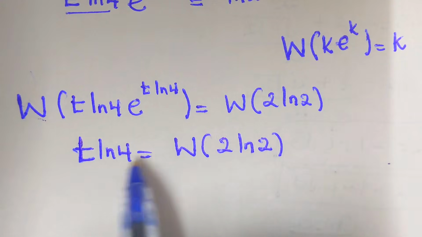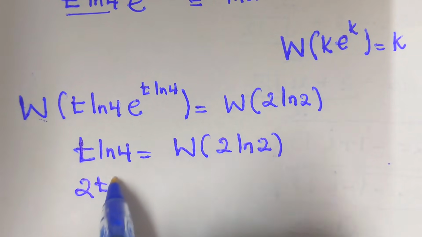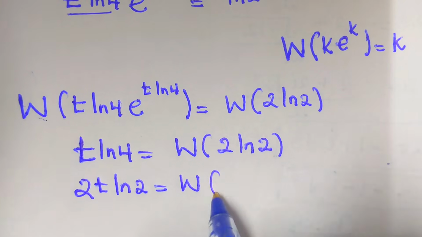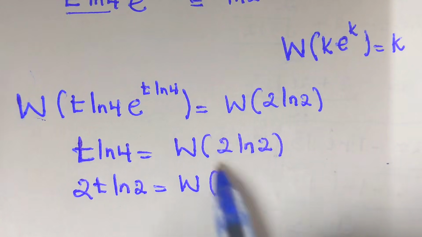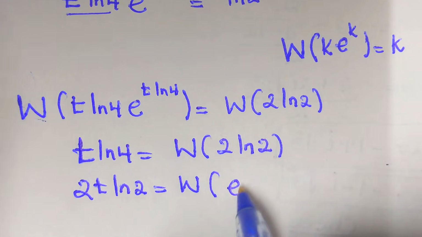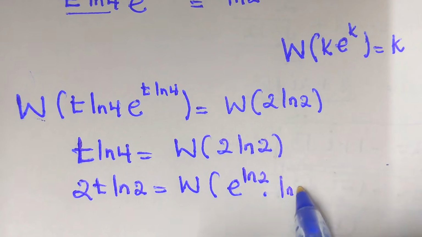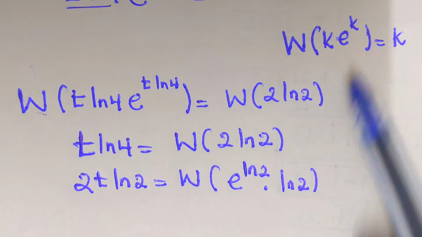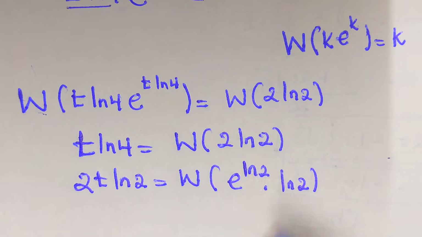By changing this one into this, we shall get 2t ln of 2 equal to the Lambert W function of this number. This 2 can be changed as e power ln of 2 times ln of 2, which is the same as what we have here.